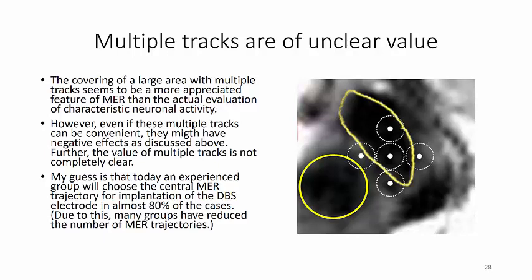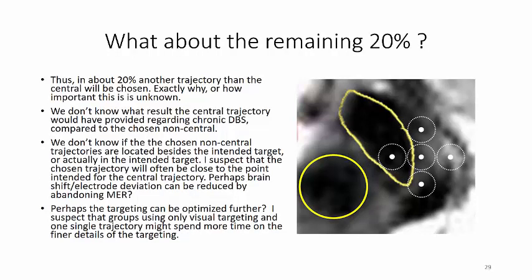My guess is that today an experienced group will choose the central microelectrode trajectory for implantation of the DBS electrode in almost 80% of the cases. Thus, in about 20%, another trajectory than the central will be chosen, but exactly why or how important this is is unknown.